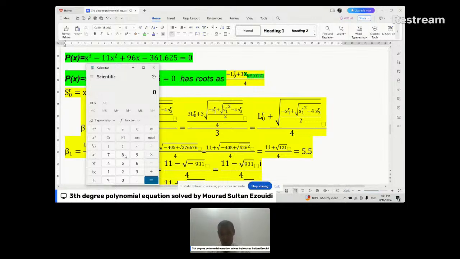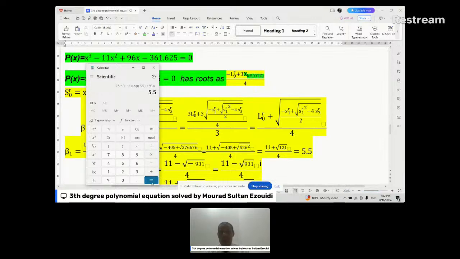I will write 5.5 raised to the power 3, because this is raised to the power 3, minus 11 times 5.5 squared, plus 96 times only 5.5.